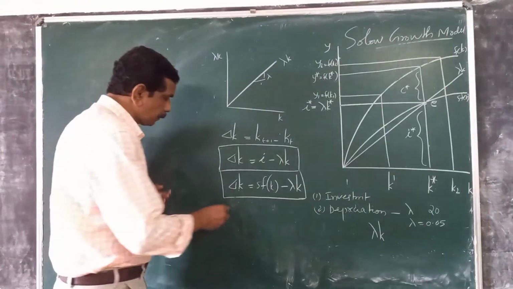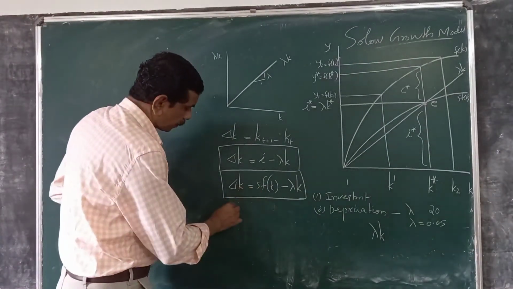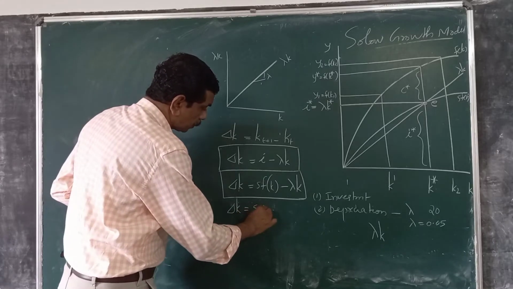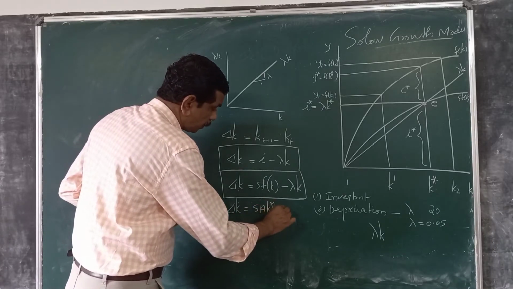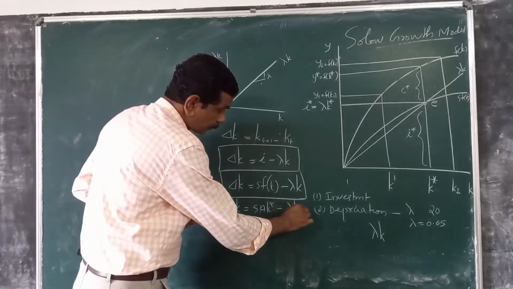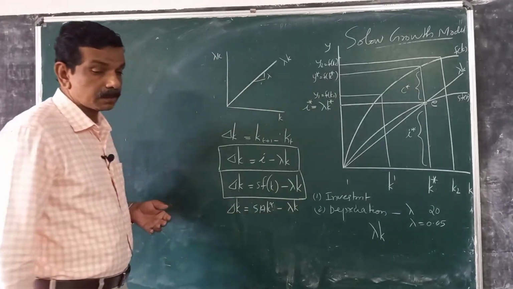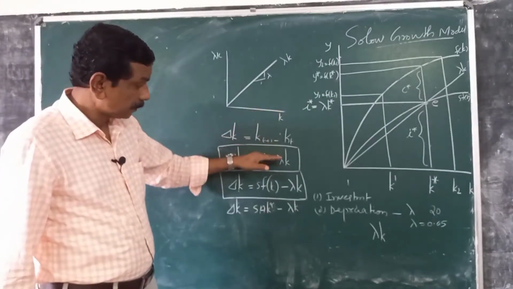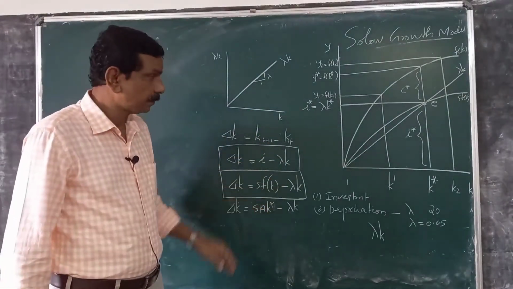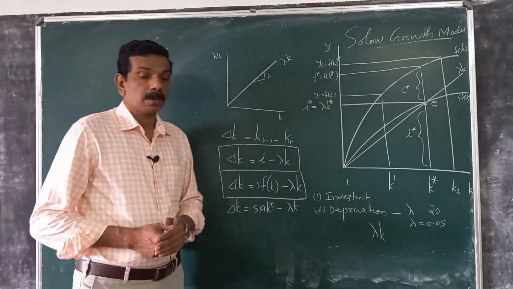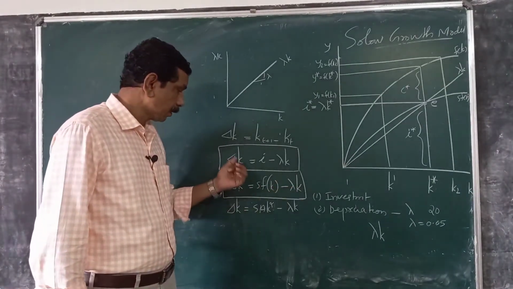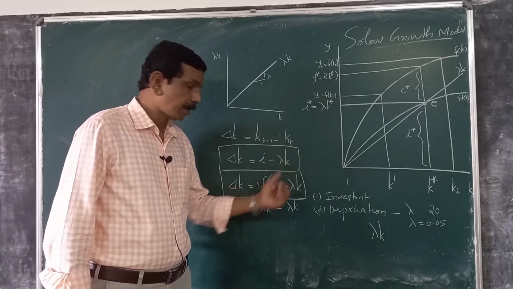And using the Cobb-Douglas production function, this can be written as S a k raised to alpha minus lambda k. And this is the fundamental equation of the Solow growth model.